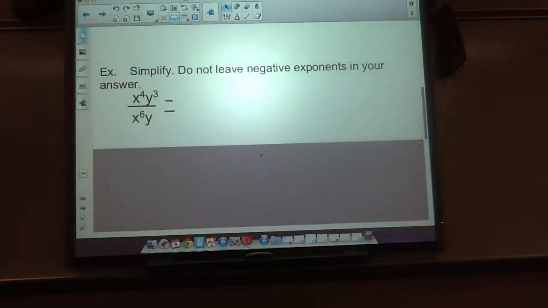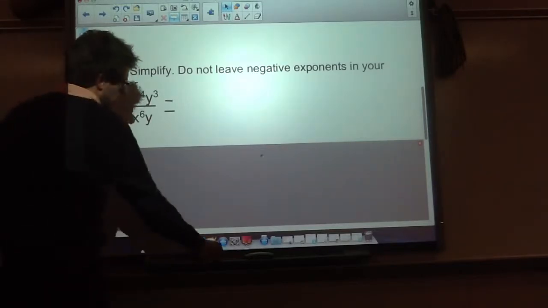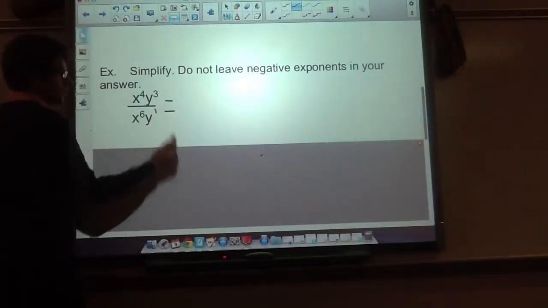Let's say we are going to simplify this expression here, x to the 4th, y to the 3rd over x to the 6th times y. And that y has an exponent of 1.